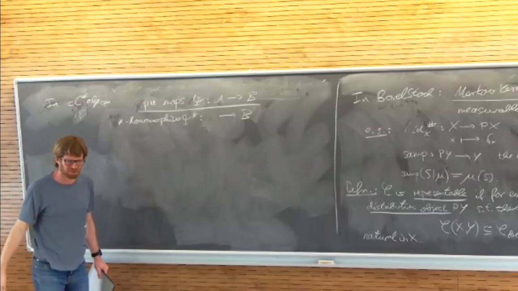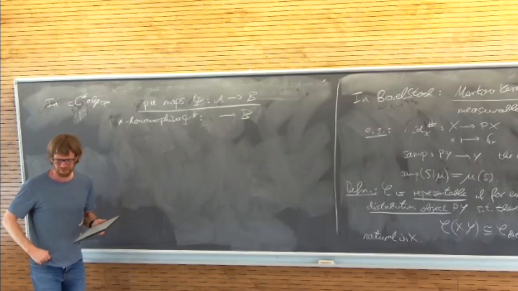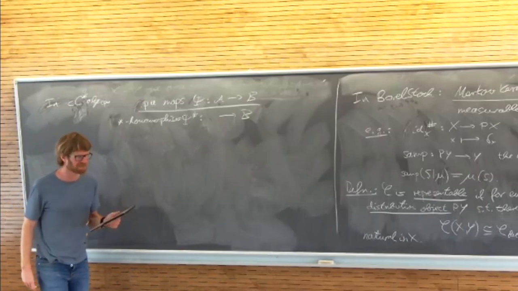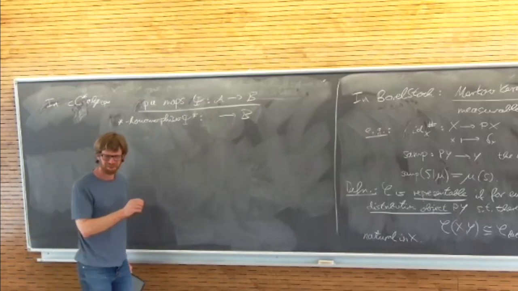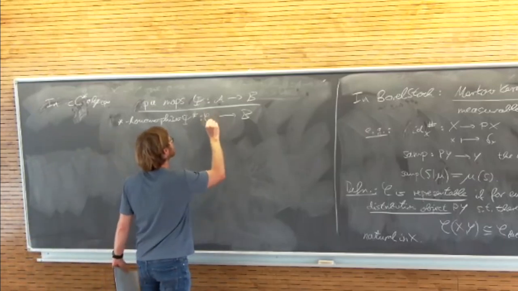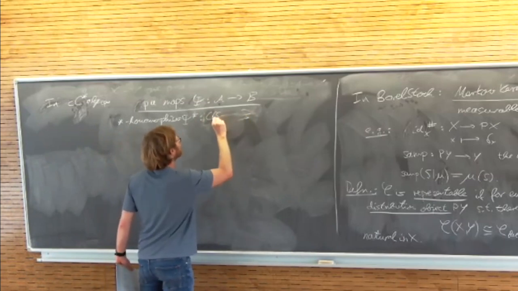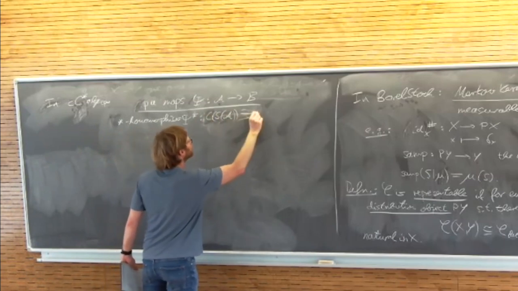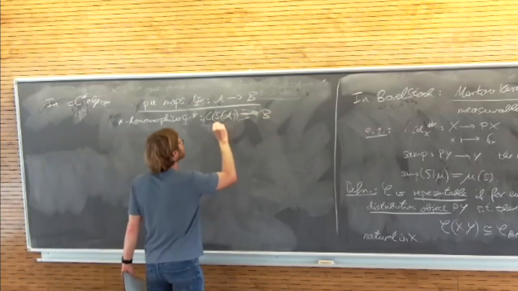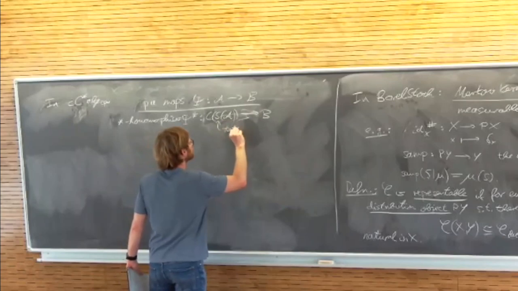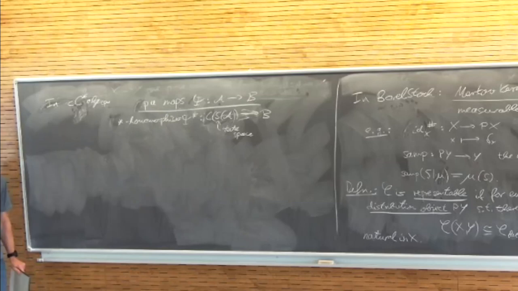I can't quite reproduce the proof right now, since this was mainly done by a postdoc, Antonio. But he has shown that this is basically the algebra of continuous functions on the state space of A, where, of course, the state space has, as usual, the weak star topology.